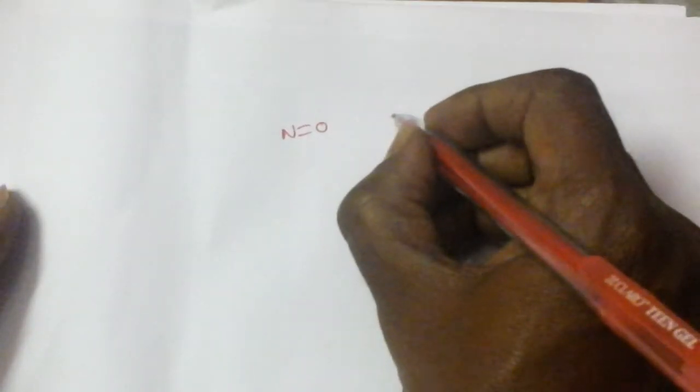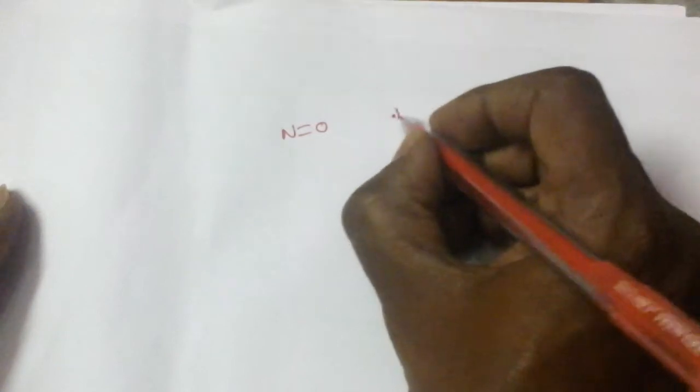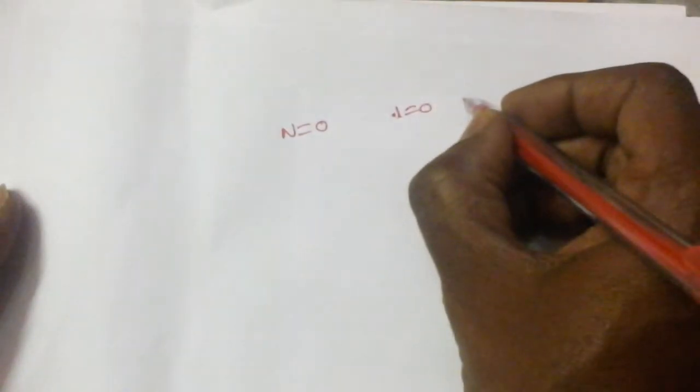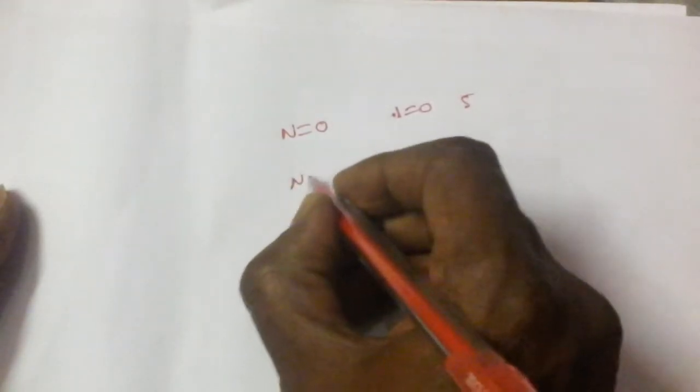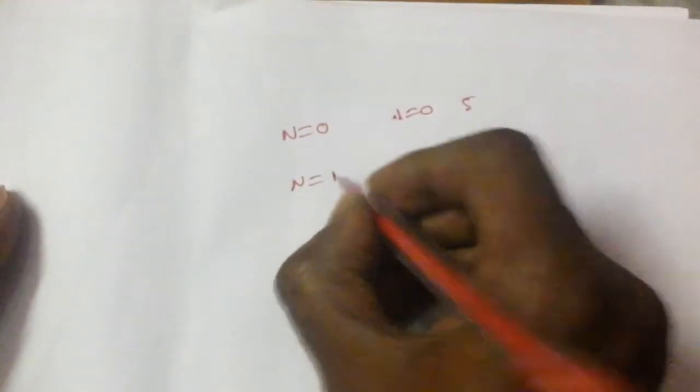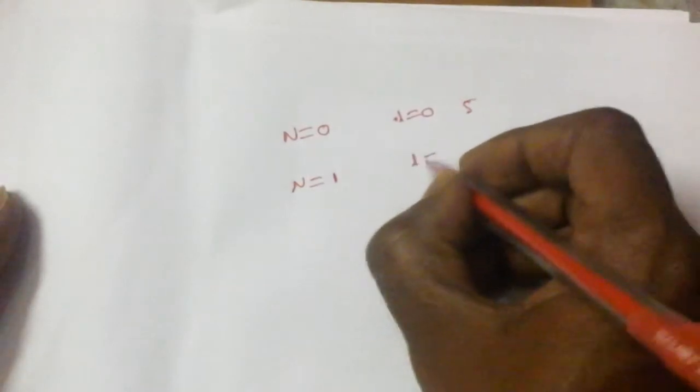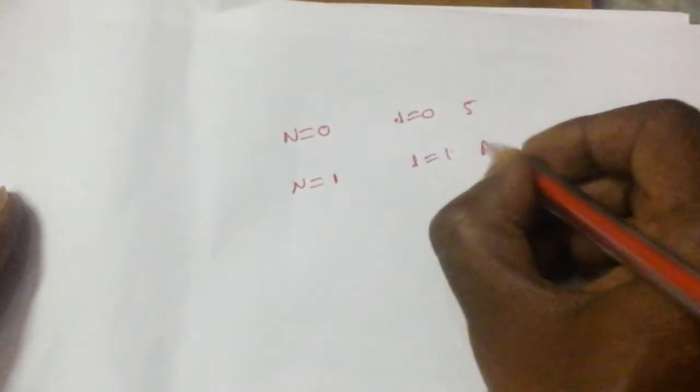If you want to distribute them, then you have to take the orbits: n is equal to 0, l is equal to 0, so this is the s orbital. n is equal to 1, l is equal to 1, it's a p.